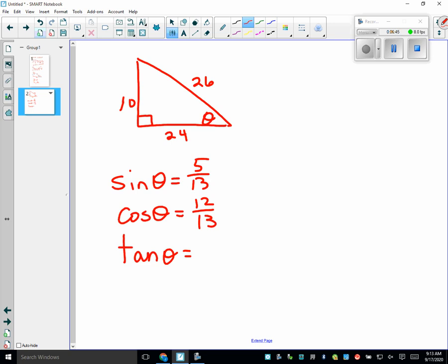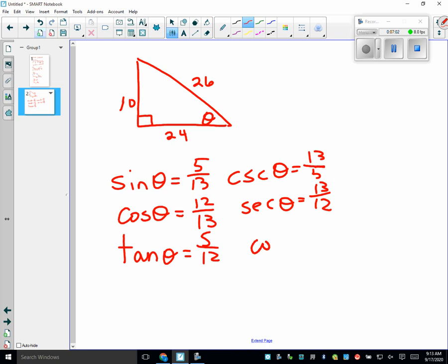What's tangent? What is cosecant? Secant and cotangent. Okay?